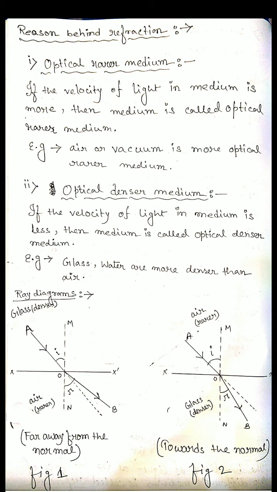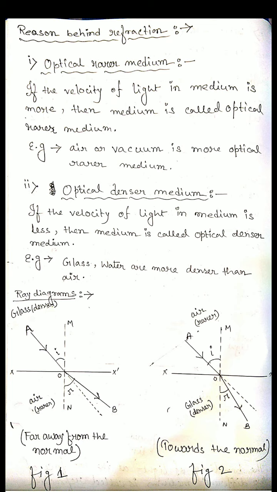Because the interparticle force between the particles is very less, there is more space between the particles, and the light rays easily move through that medium. There is no collision between the light rays and the molecules of that medium.